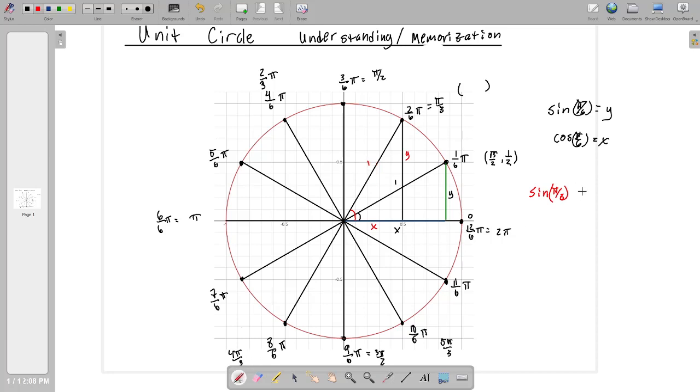So y divided by 1, or just y. And cosine of pi over 3 can be adjacent over hypotenuse, or just x. So we end up with y being root 3 over 2, and x being 1/2. Again, derived in chapter 6. So we know that this coordinate is going to be exactly 1/2, root 3 over 2.